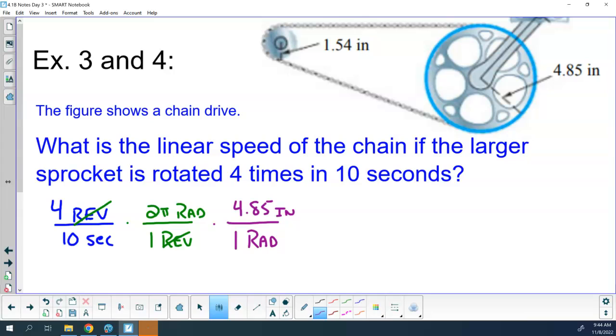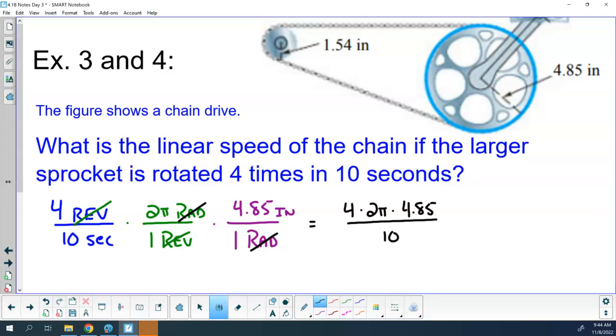So on top, we would have 4 times 2 pi times 4.85, and on the bottom we would have 10. So we're going to cross out radians, inches per second.